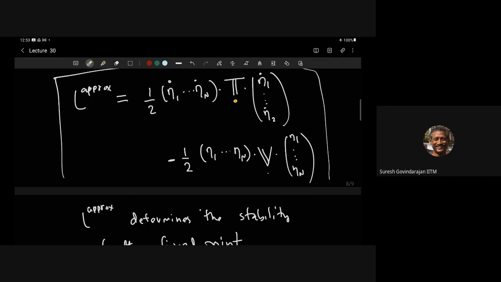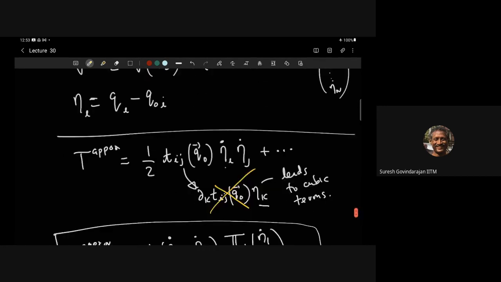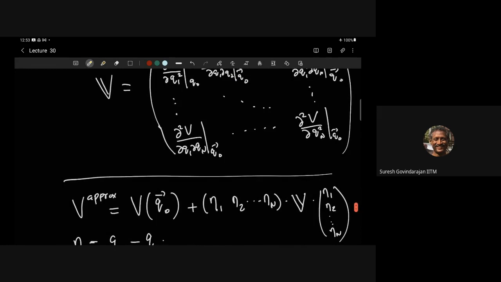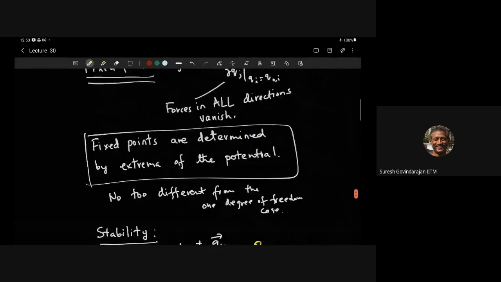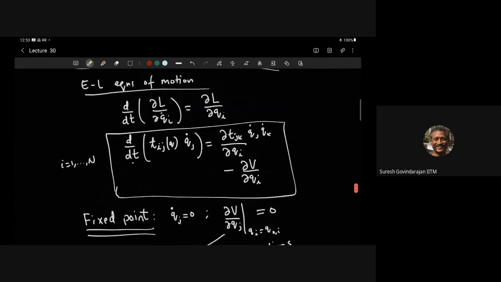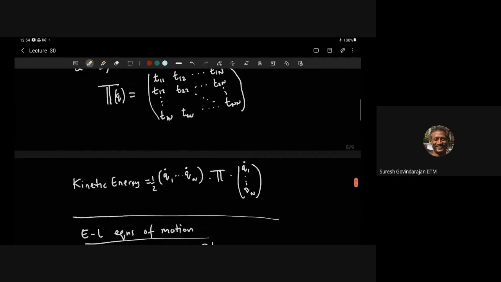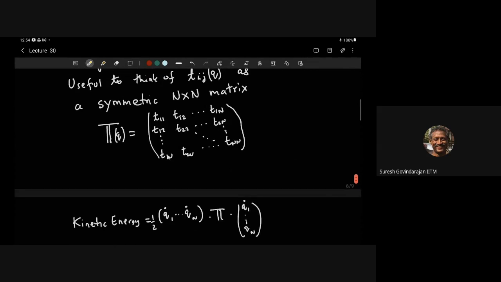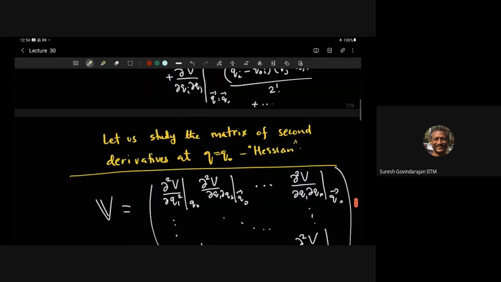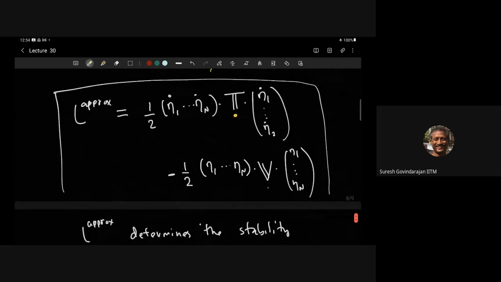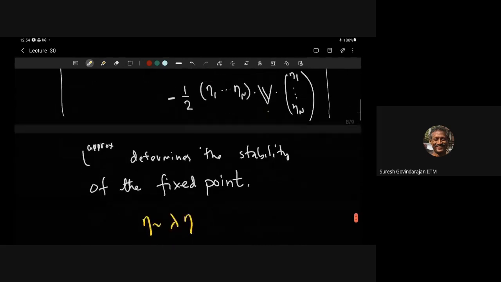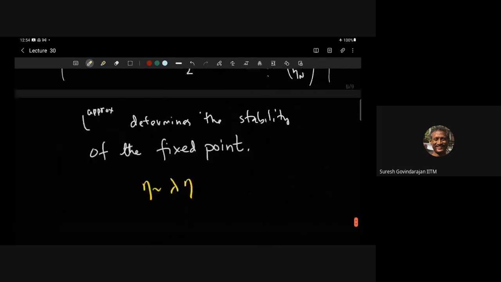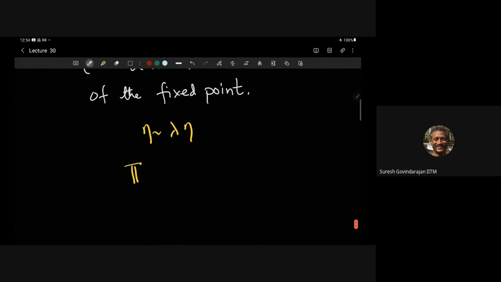Okay, so remember that this T and V were defined. V was the Hessian at the fixed point, and T was just the kinetic energy matrix at the fixed point. So I should call it T of Q now. Sorry, I defined something called T of Q, so T is what I call T of Q naught.